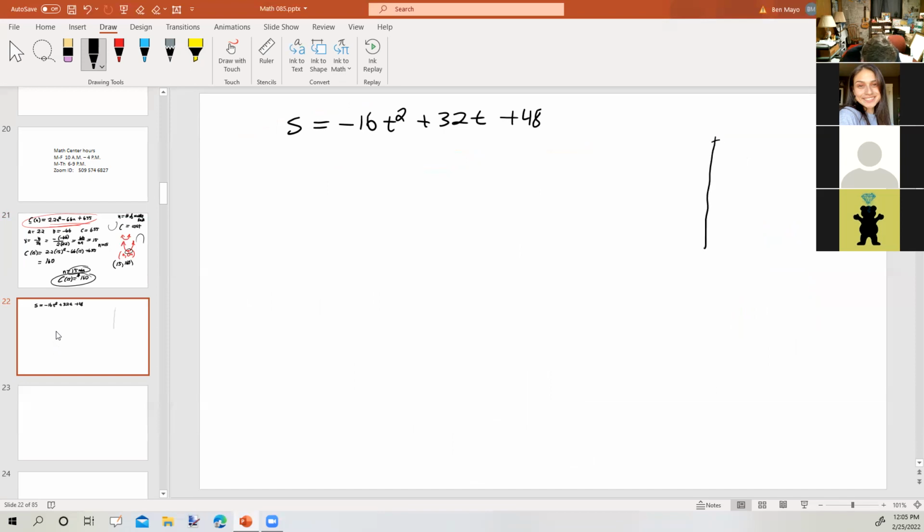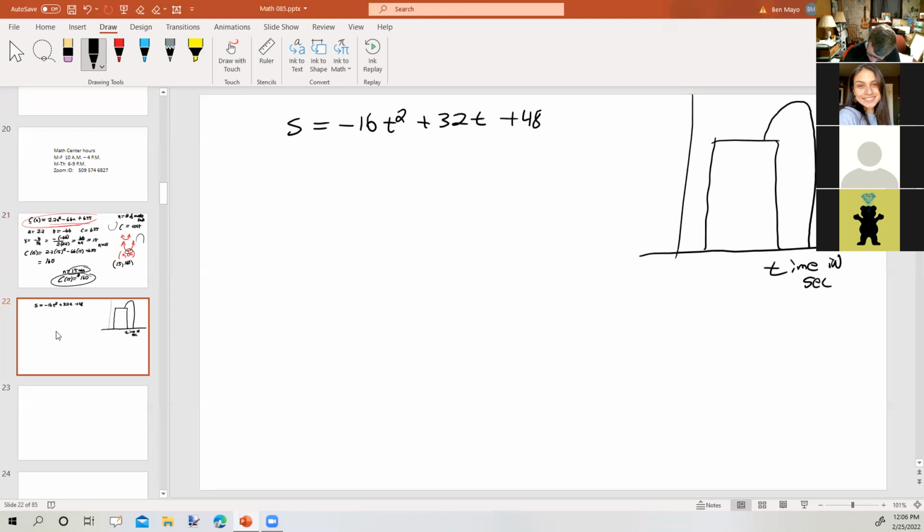We've got this building and a ball is thrown straight upward and then eventually it's going to hit the ground. And T is this axis, which is time in seconds.